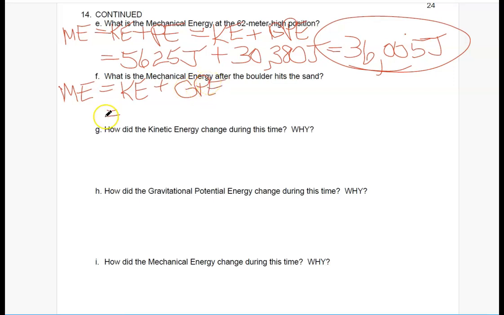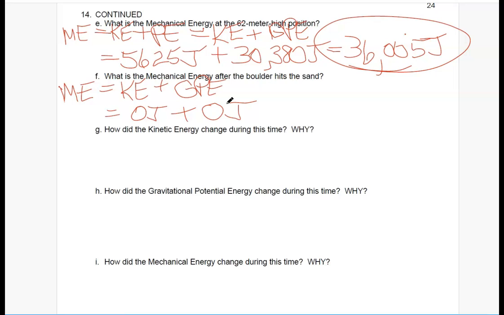We put those numbers in. We had 0 for the kinetic energy because it hit the sand, it stopped moving. And I specifically told you that it hit the sand at the bottom. So the gravitational is 0. If it was still moving, it would have some kinetic. If it was above the ground, we would have to add some gravitational potential at this moment.